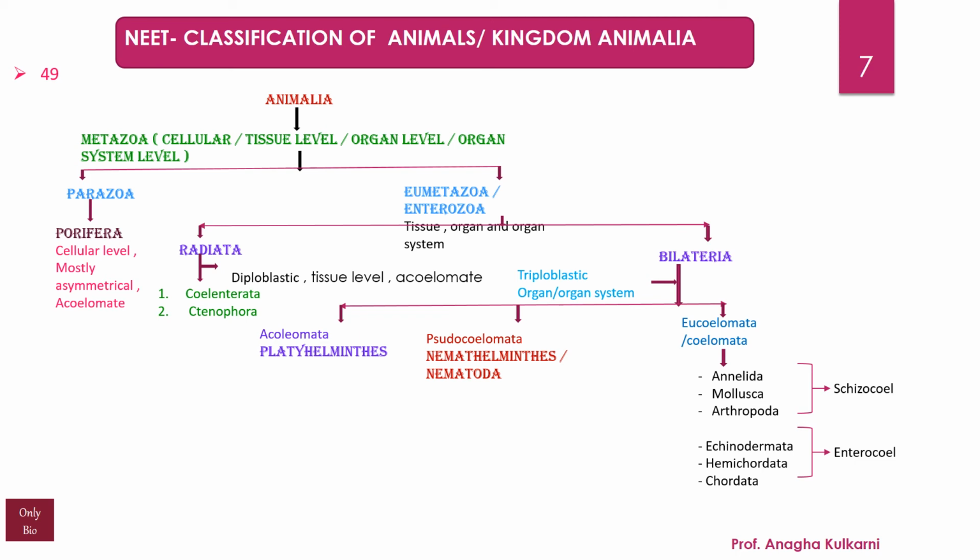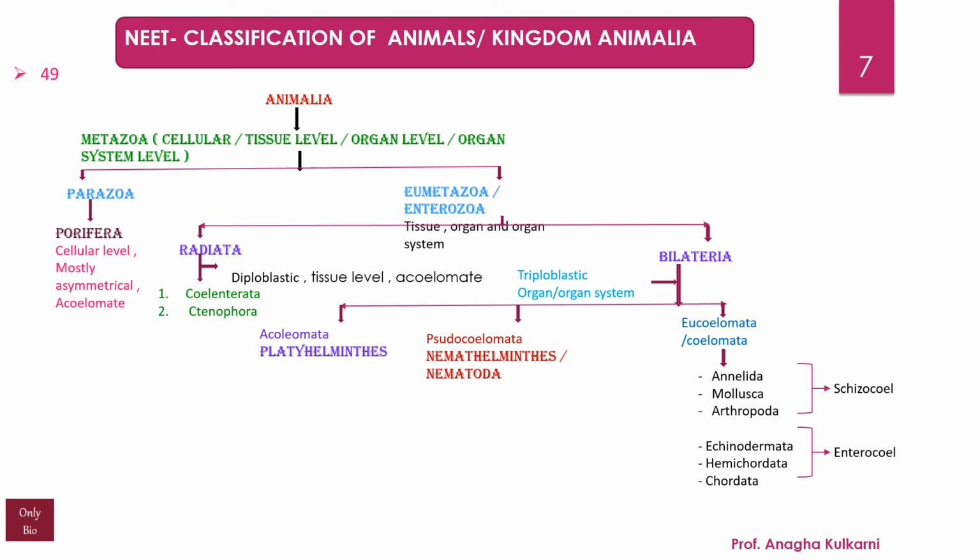Parazoa includes only a single phylum, that is Porifera, which has a cellular level of organization, with mostly asymmetrical organisms which are acoelomate. Whereas Eumetazoa or Enterozoa, which shows tissue, organ and organ system level of organization, has two main subdivisions depending on their symmetry. First is Radiata and second is Bilateria.